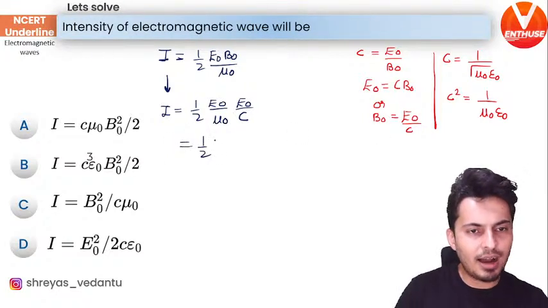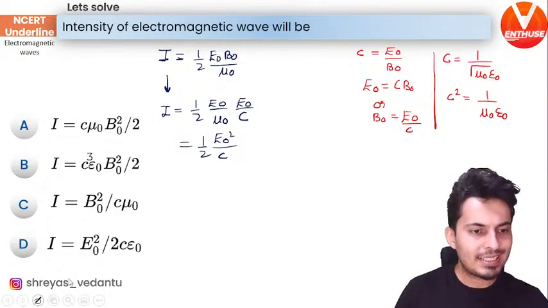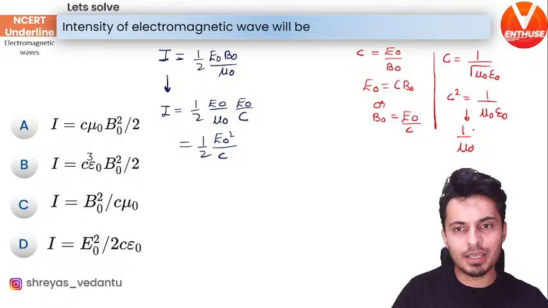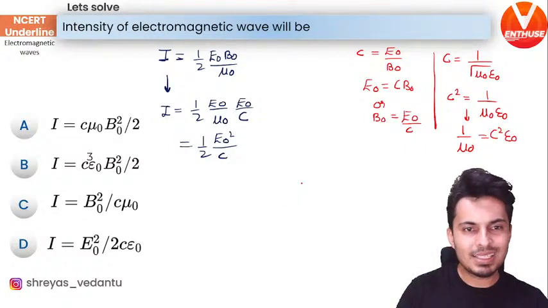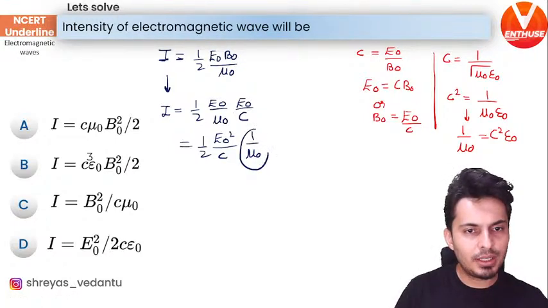So now I'll get half E naught square by C, and instead of 1 by mu naught, let's see what we get over here. 1 by mu naught from this side will be nothing but C square epsilon naught. So over here, instead of 1 by mu naught, I will replace it by C square epsilon naught.